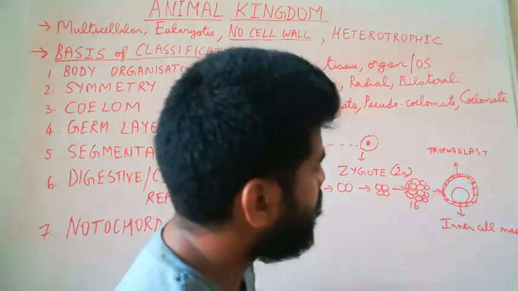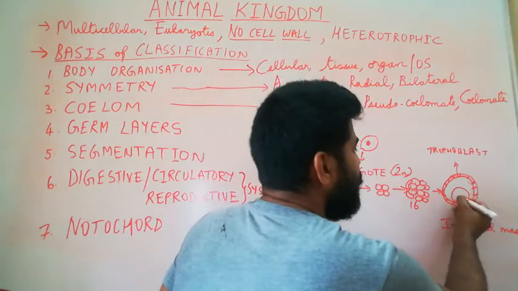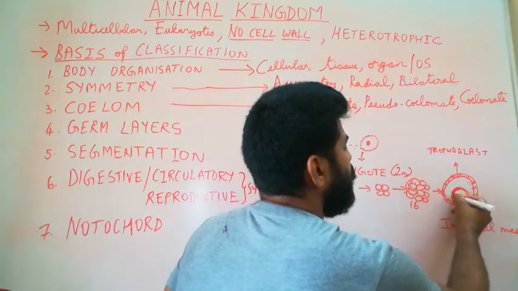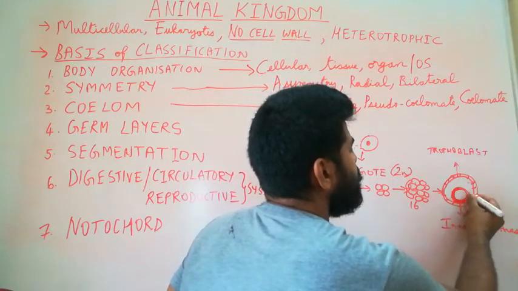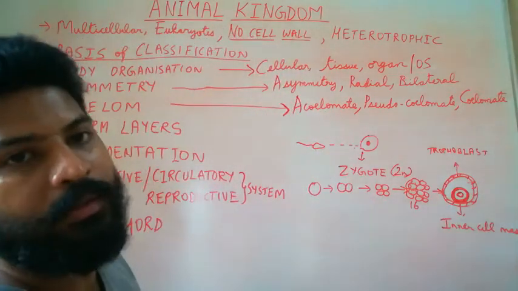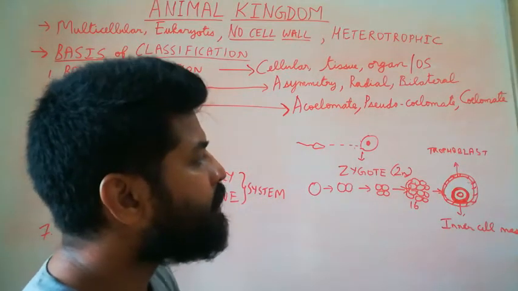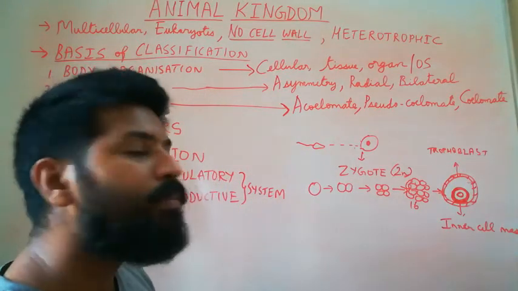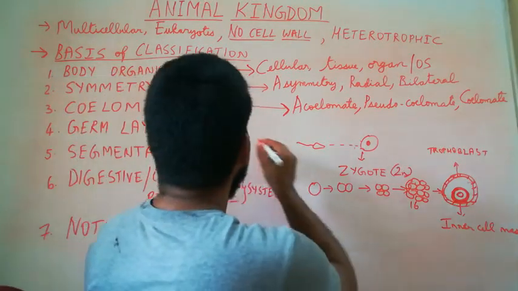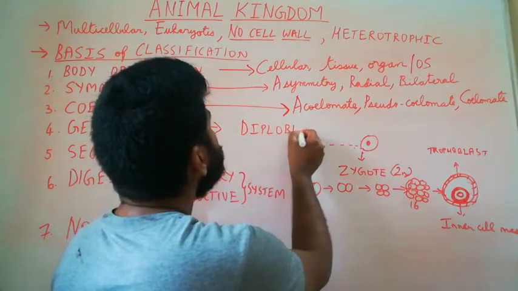During development, in some groups of animals, the inner cell mass will develop and contain only two layers. These are called the germinal layers. So animals that have two germ layers in their embryonic developmental stage are called diploblastic animals.